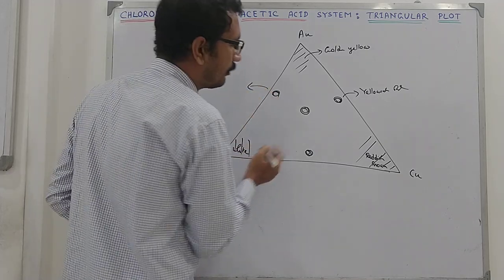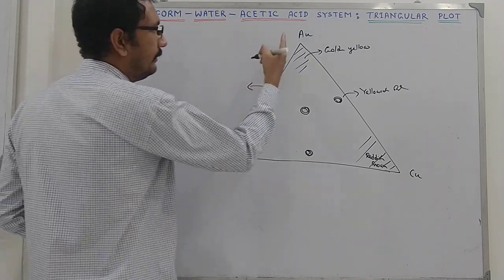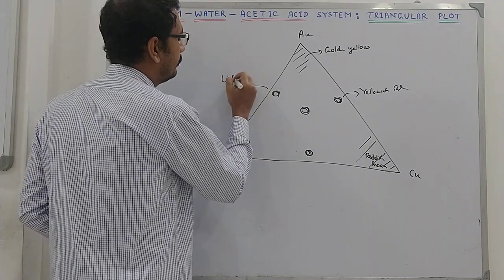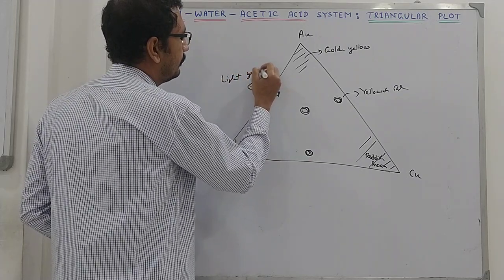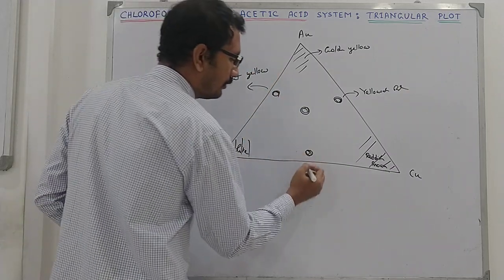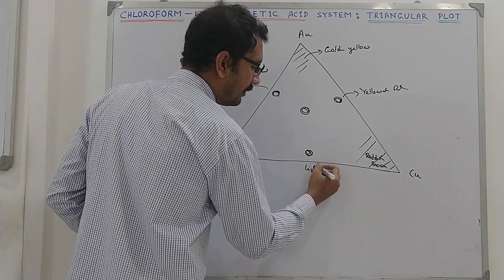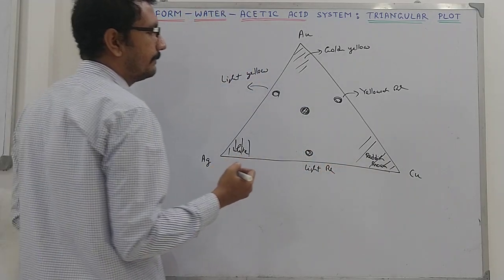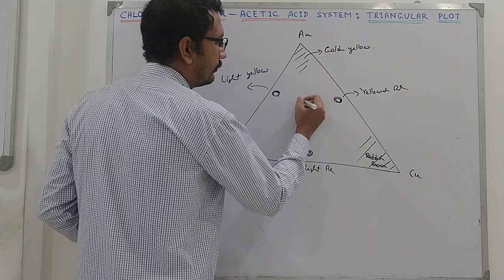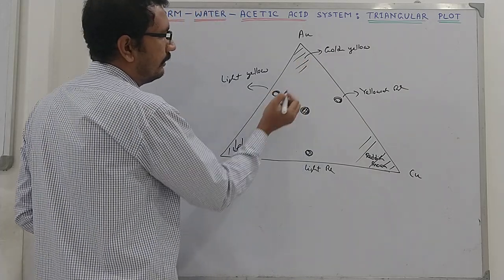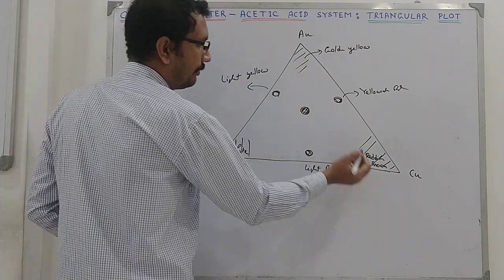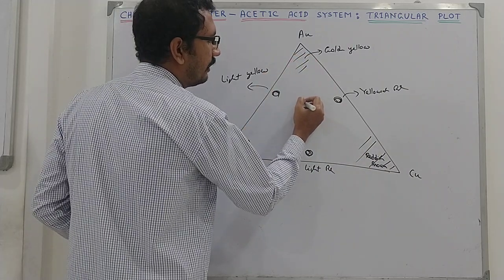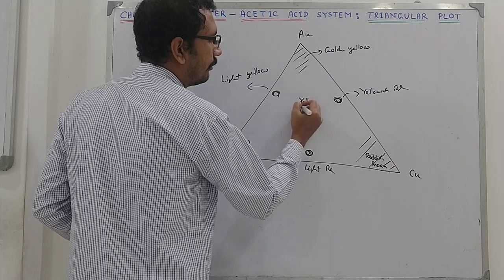At this point here copper is absent, you will get only gold and silver, so it is light yellow. Here gold is absent, so you will get light red or light brown, and here there is a mixing of brown, golden yellow and white, so it also gives you light yellow to yellowish color.